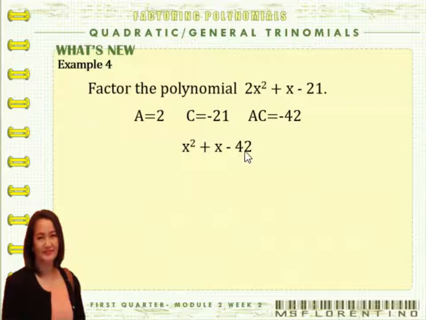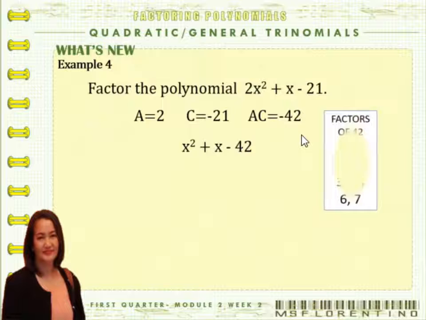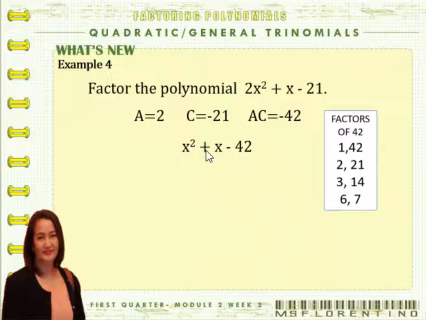Then, we look for the factors of 42. The factors of 42 are 1 and 42, 2 and 21, 3 and 14, 6 and 7. Now, if we will be having our factors for negative 42, it should give us the sum of positive 1.